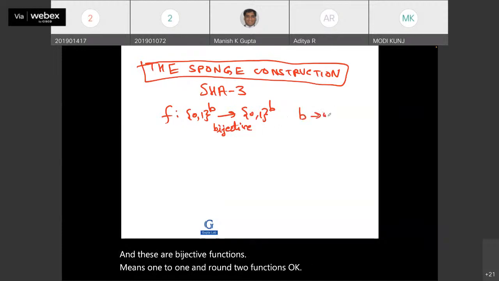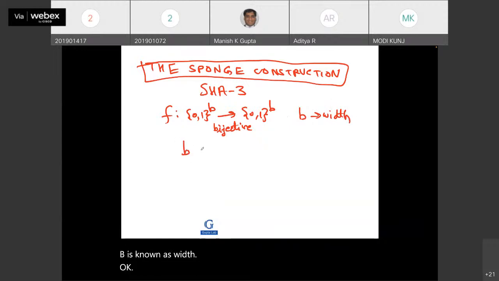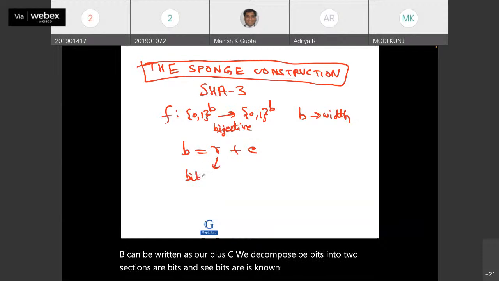b is known as width. Okay, b can be written as r plus c. We decompose b bits into two sections, r bits and c bits. r is known as the bit rate.